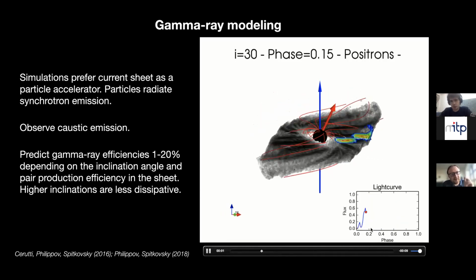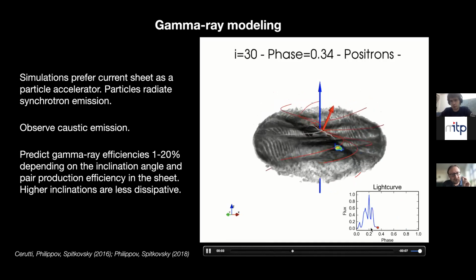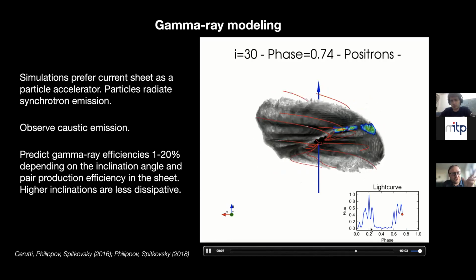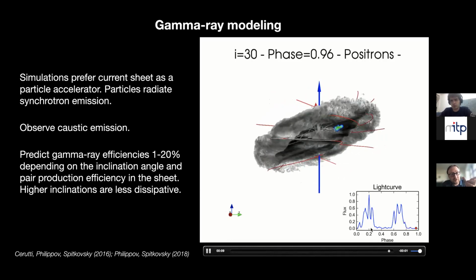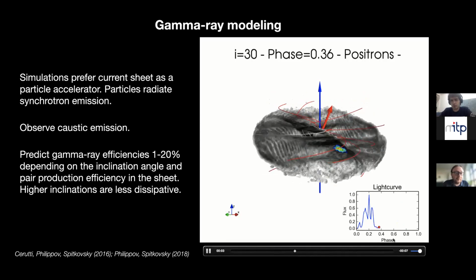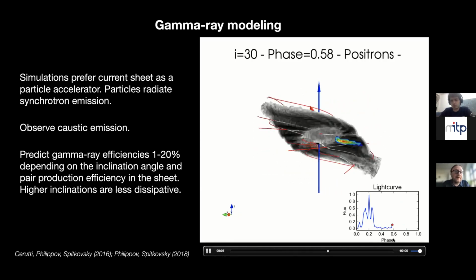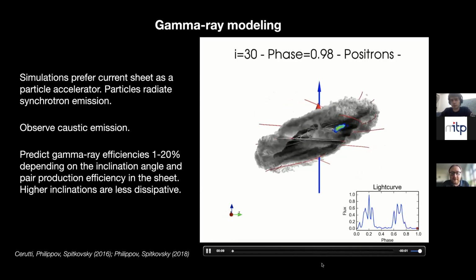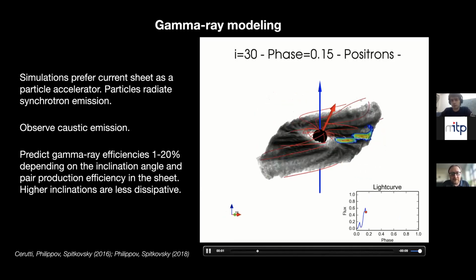So these are very highly relativistic particles. You only see emission where the particle basically flies towards you, and you see this emission from a distributed region across this current sheet, which happens twice per orbit. So this is why pulsars have double peak emission in general. This is pretty general behavior.